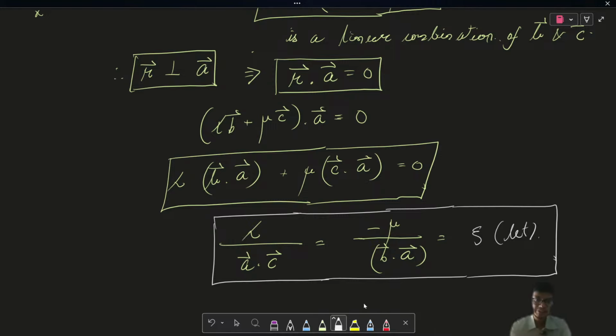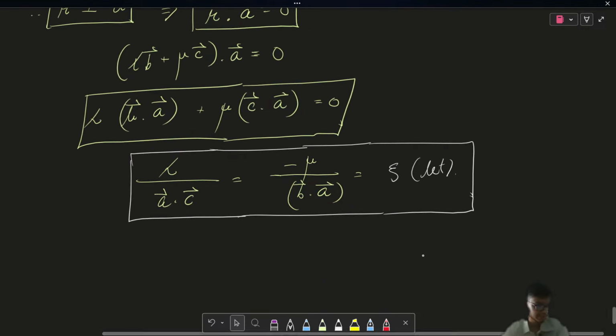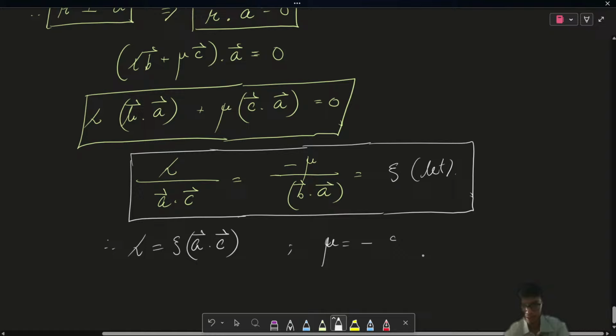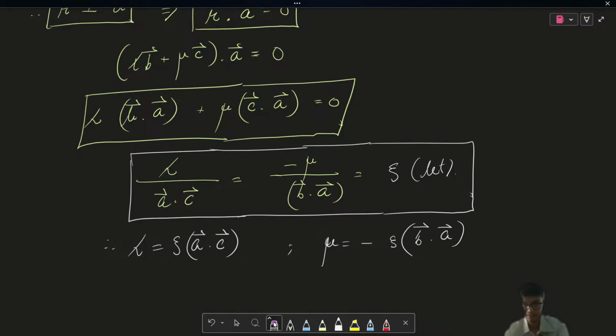Okay. So if it is constant, then from here I can find my value of lambda to be A vector dot C vector times that constant zeta, and similarly my value of mu can be obtained as minus zeta times B dot A vector. It is just a dot product, right? So I have reduced the given vector relation of two variables to one variable zeta.